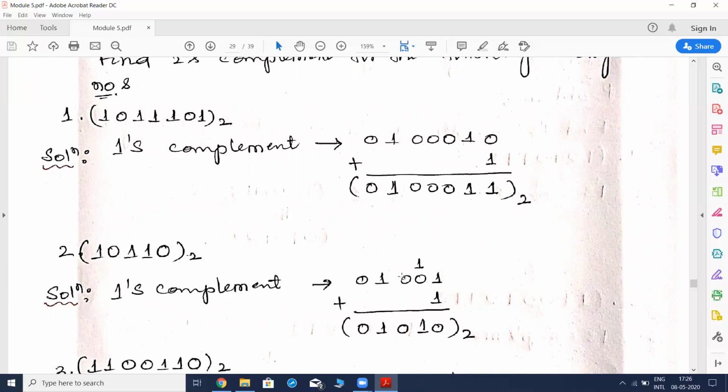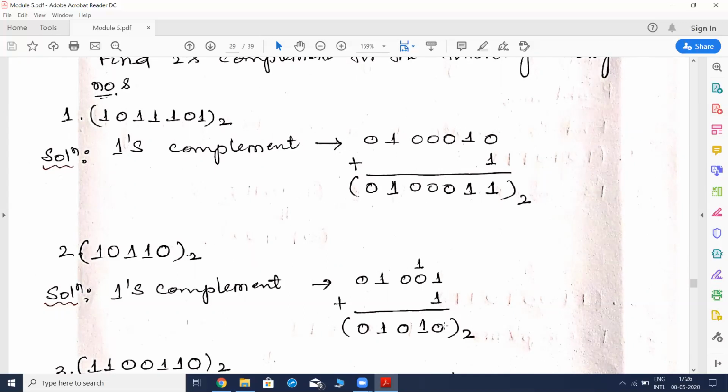Okay, now let us once again see. Our 1's complement is 01001. For that, add 1. When you add 1, here the addend and augend are both 1's. When both are 1's, sum is 0, carry is 1. As usual in the decimal number system, in the same manner here also you send the carry to the next higher bit.